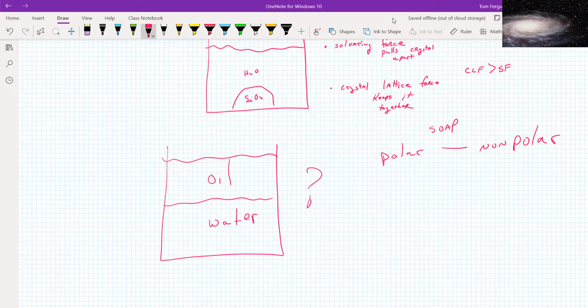Okay, this is the way I make vinaigrette. I take vinegar and oil. There needs to be something in there that will bind to the oil and bind to the water, so that when I shake it, it stays. So I added mustard.